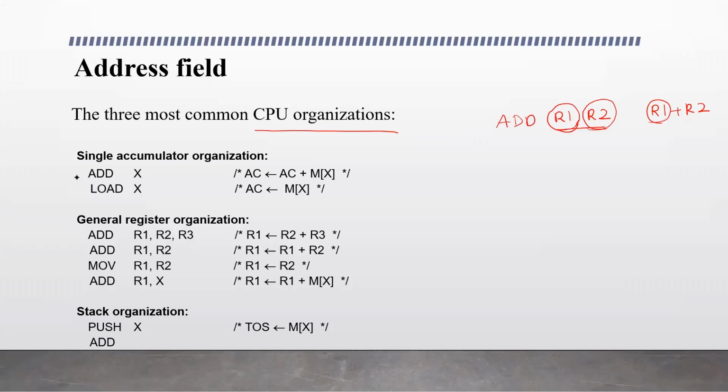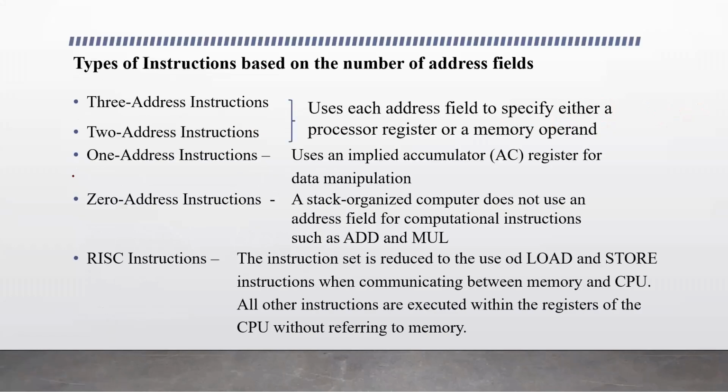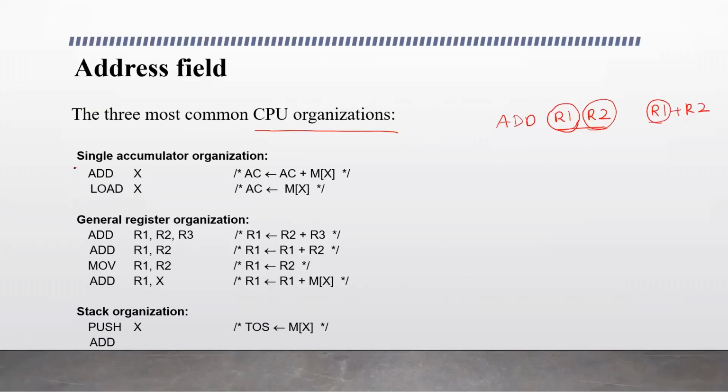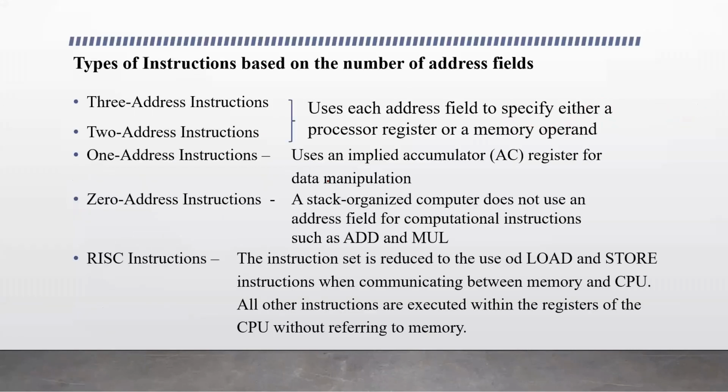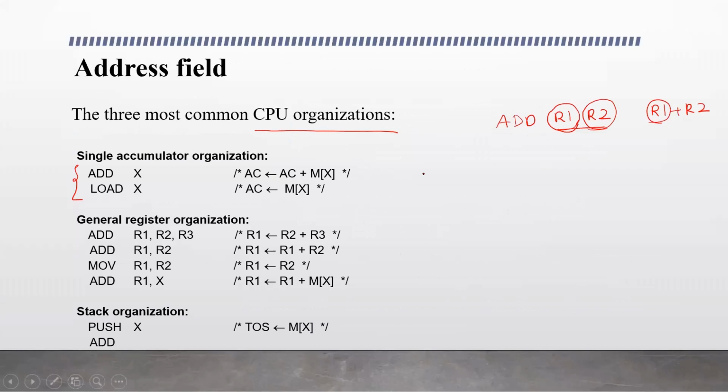If you see here, two instructions are given: add X and load X. The meaning of add X is to add the content of memory at location X to the data in the accumulator.